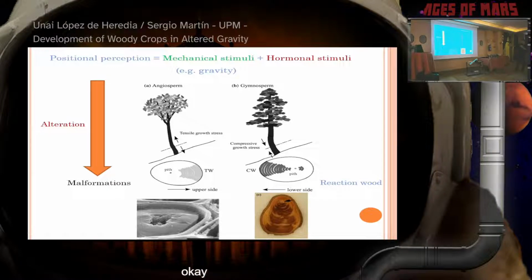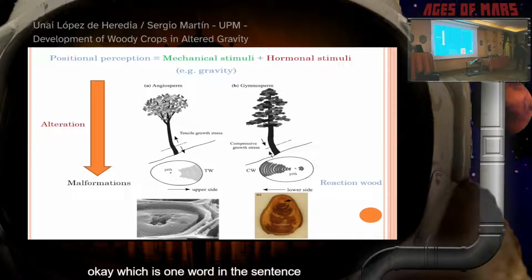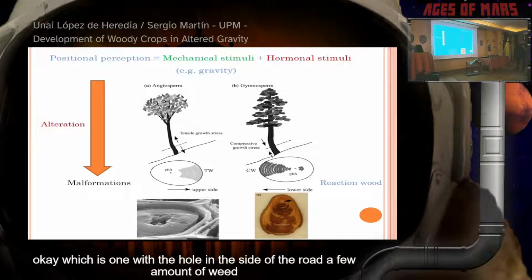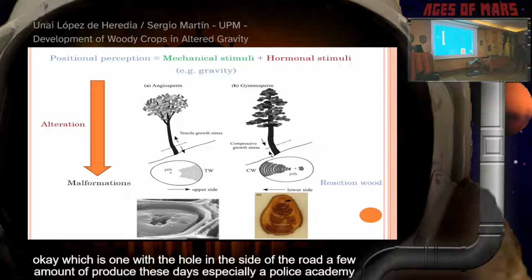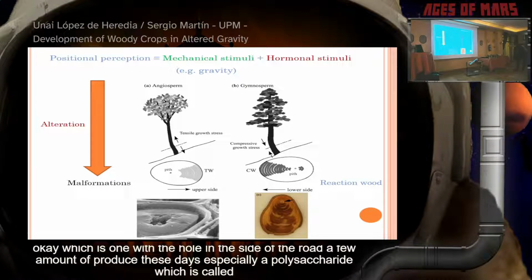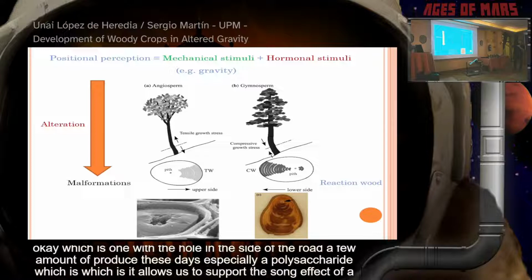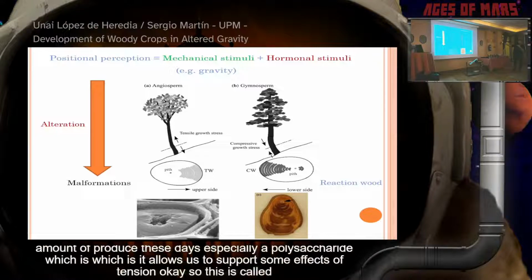One group of species produces in the cells of the wood a small amount of lignin. What they do is produce this special polysaccharide layer, which is called the G layer, which allows them to support some efforts of tension. So this is called tension wood.